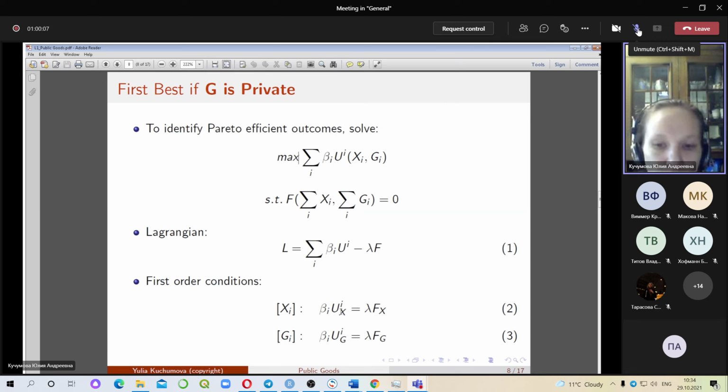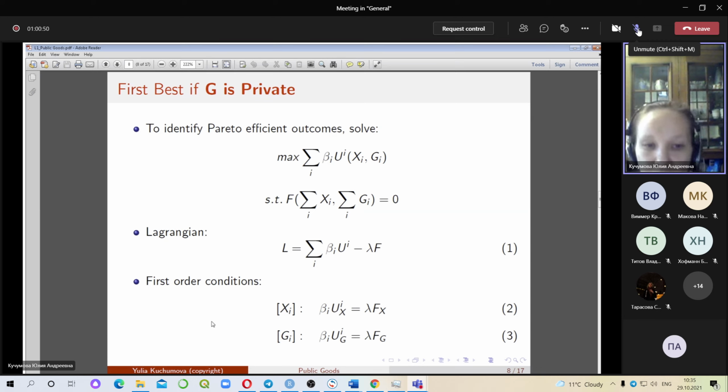I write it as ux, which indicates that we differentiate with respect to good x. This is equal to the Lagrange multiplier lambda multiplied by the derivative of f with respect to xi. But here you see there's no difference, when we talk about f, between xi and x.